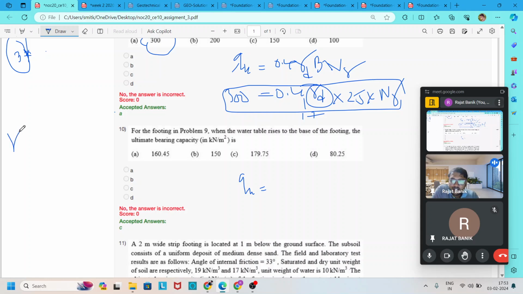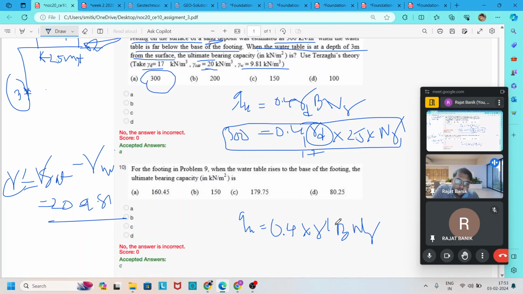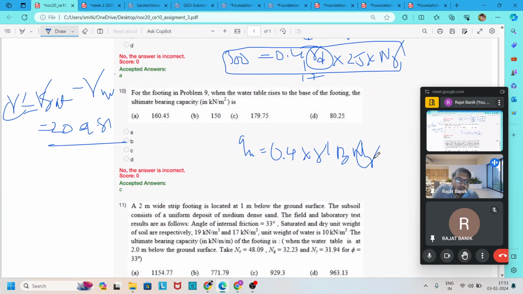We know gamma dash is equal to gamma saturated minus gamma W. Gamma saturated is 20, and gamma W is 9.81. If we put all these values, we find gamma dash, and put it again in the formula 0.4 gamma dash B N gamma, with N gamma already found in the previous equation.